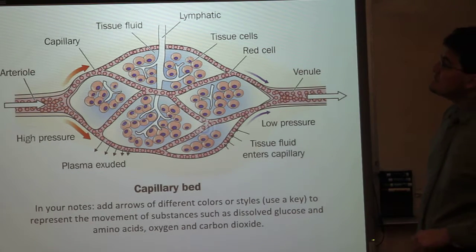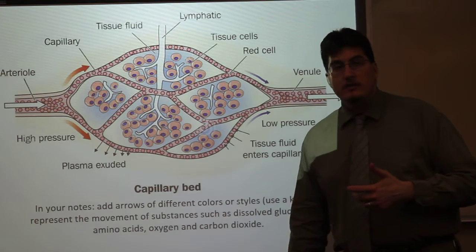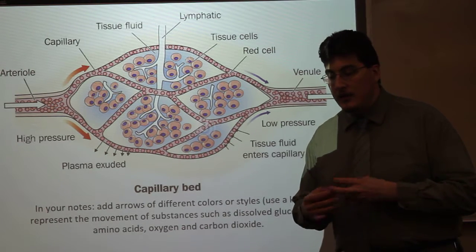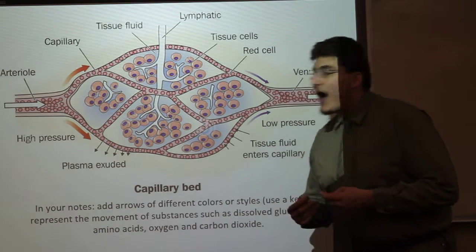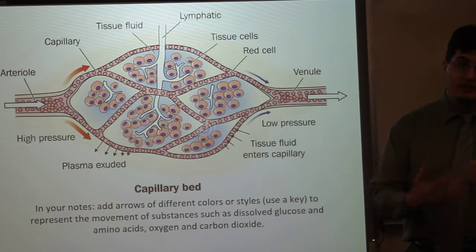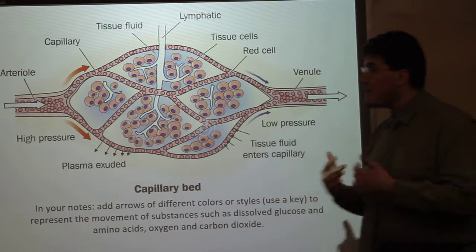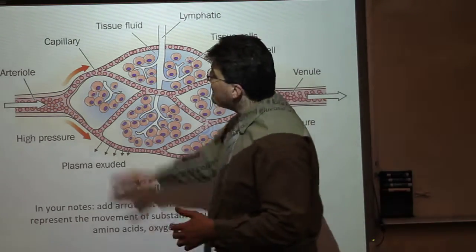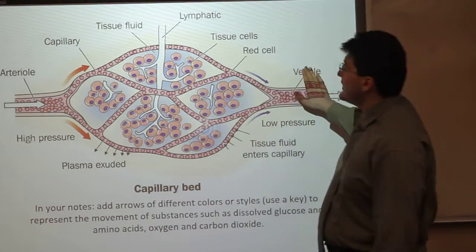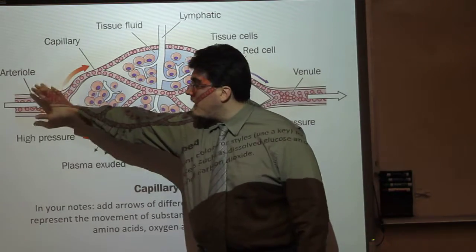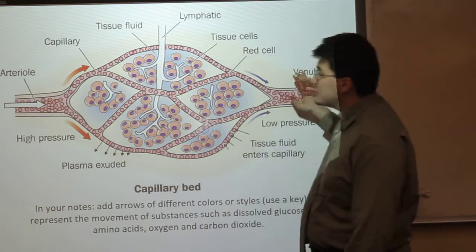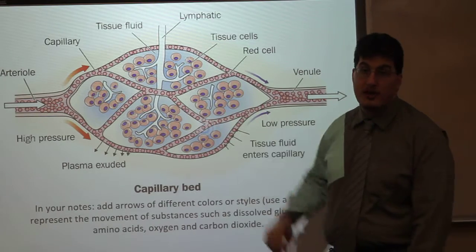Now, remember for a moment how substances move by diffusion from areas of high concentration to areas of low concentration, passively. So we have high pressure to low pressure, moving blood from this area to this area. That's high pressure to low pressure.